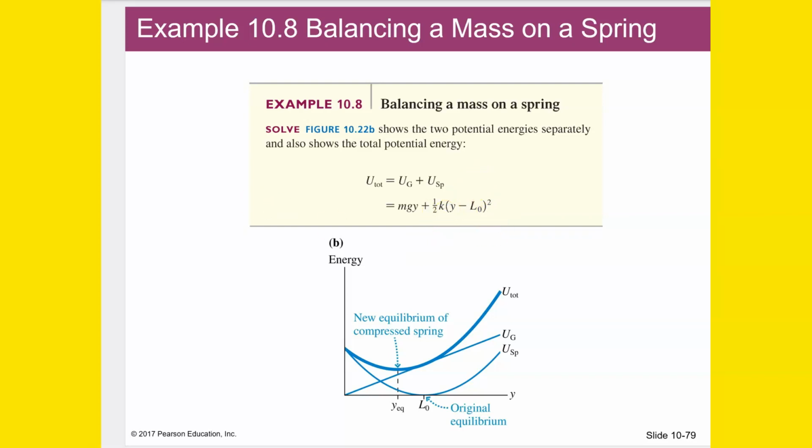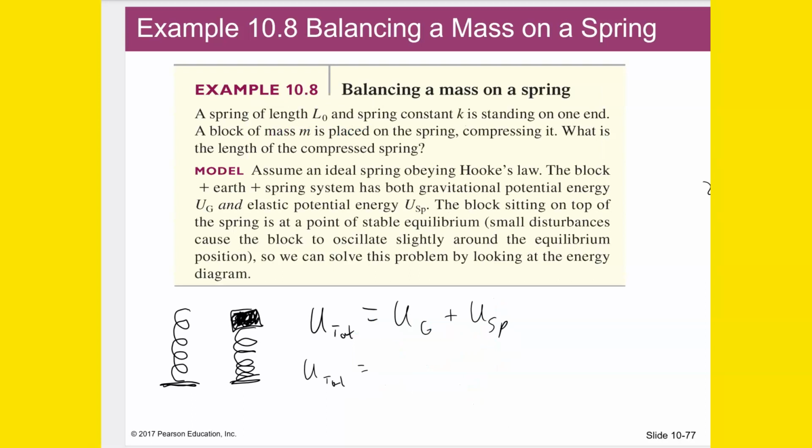All right, let me write that down up here. So what is the potential energy here? If this is L naught, and this is now y. The potential energy of this block at this point is the mass of the block times g times the height that it is above the earth, which in this case is y. That's what it's going to be called now.